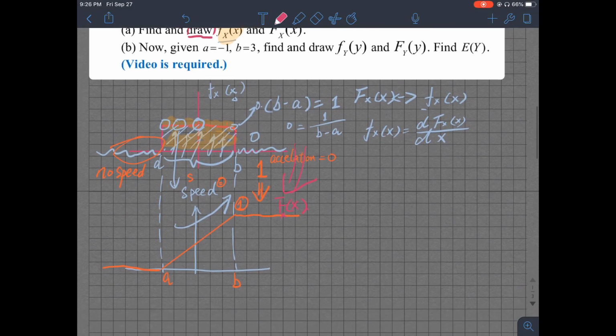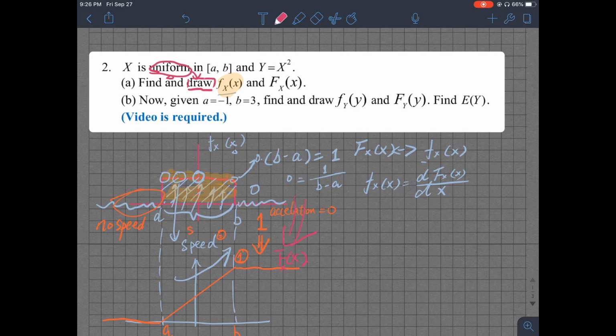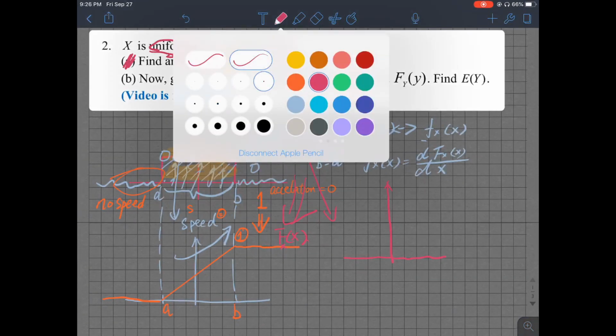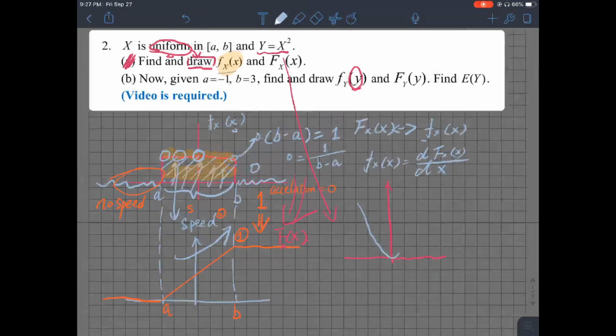So here we get the results for question A. And then we need to calculate question B. For B, we need to get the relationship between y and x. The first thing we need to do is draw the graph of y over x. It's very easy, we just need to draw this curve.